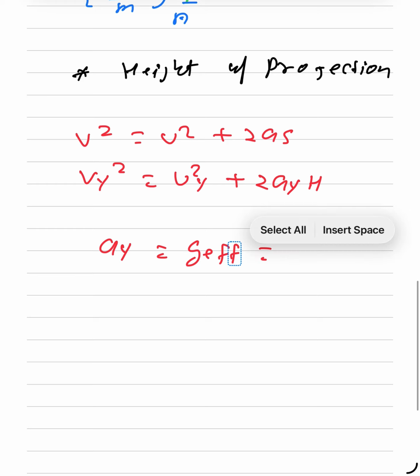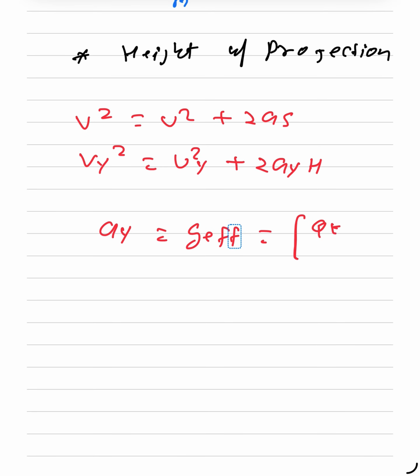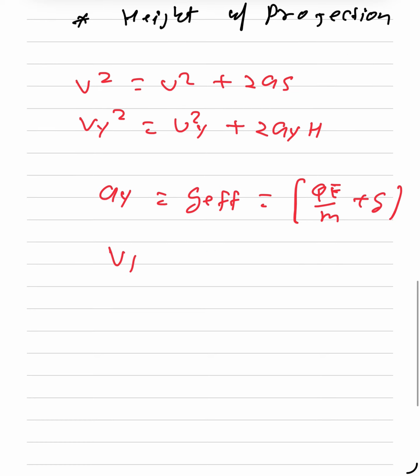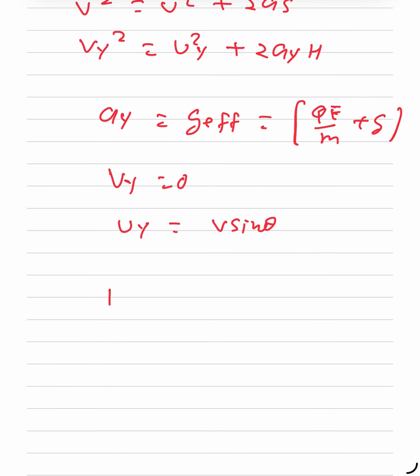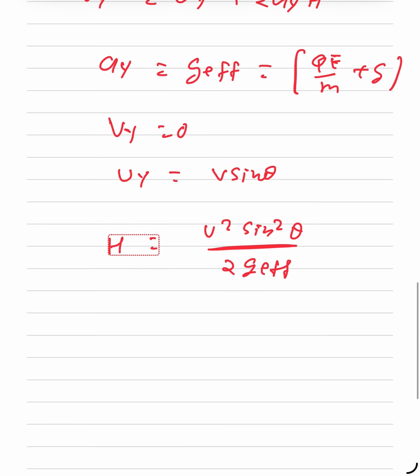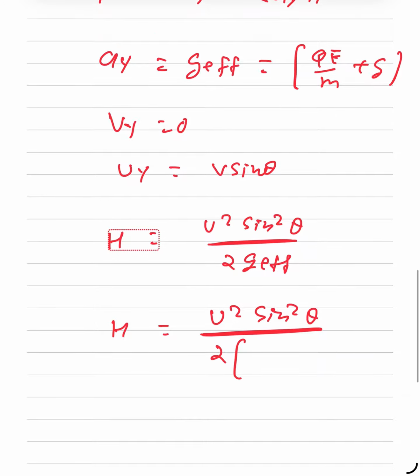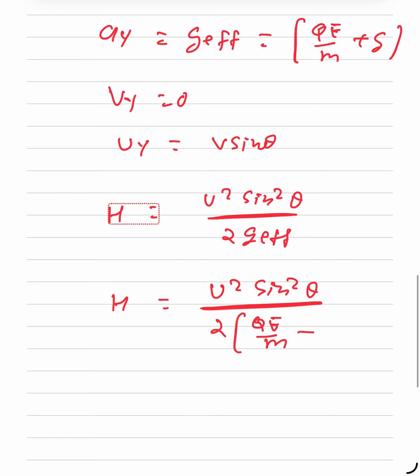The value of g effective is q E divided by m plus g according to the given situation. v y equal to 0 at the peak point, where the vertical component of projectile velocity becomes 0, and u y is u sin theta. Putting all values, h equal to u square sin square theta divided by 2 g effective, so h equal to u square sin square theta divided by 2 times bracket q E divided by m plus g.